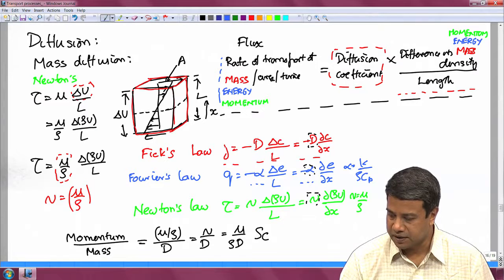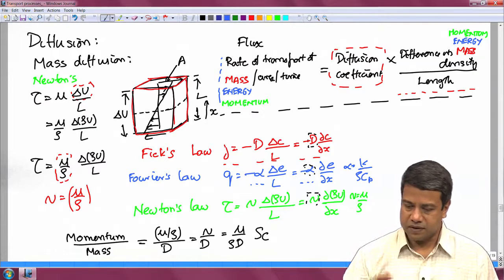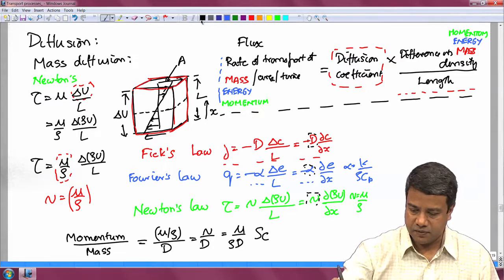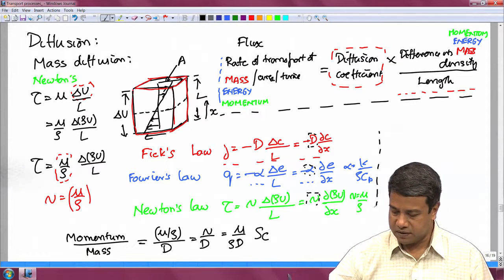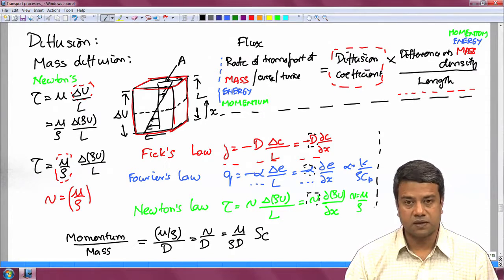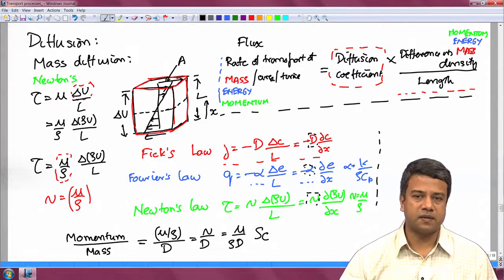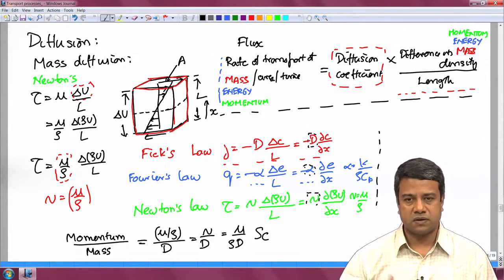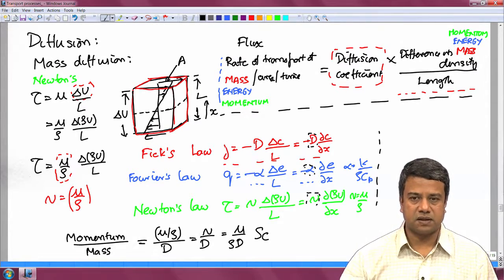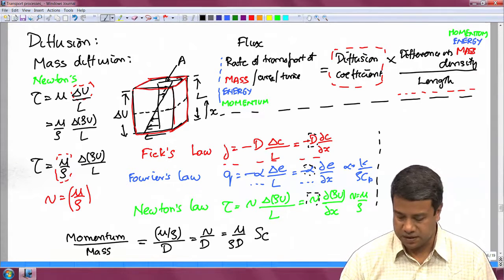So, therefore, these diffusion laws can be written in a unified framework: Fick's law for diffusion, Fourier's law for heat conduction, Newton's law for viscosity. The flux is equal to a diffusion coefficient times a difference in density divided by a length, or a diffusion coefficient times a gradient in the density, change in density divided by length, whether the density is that of mass, momentum or energy.